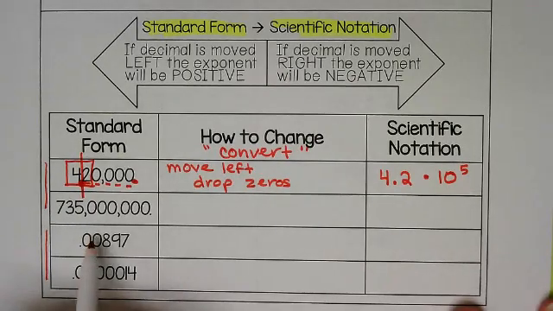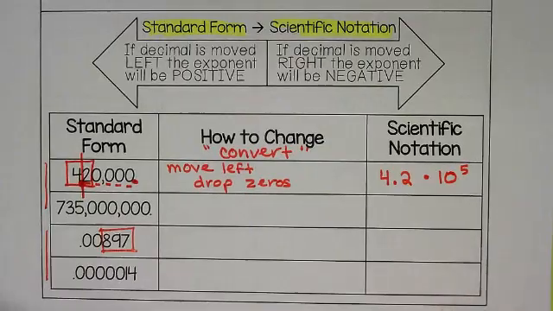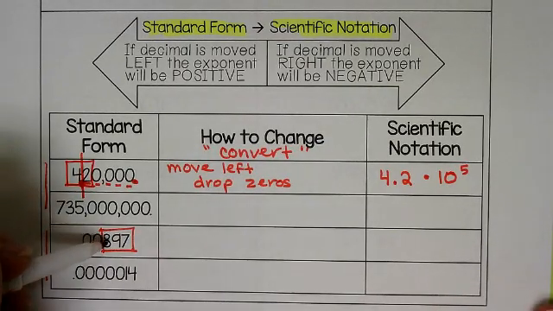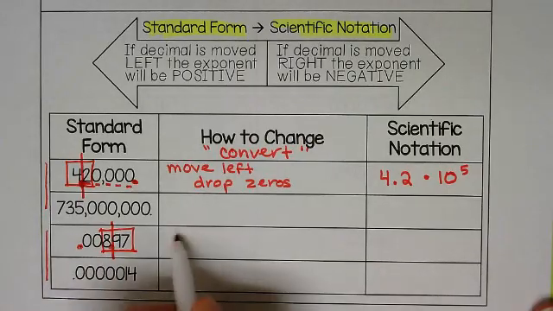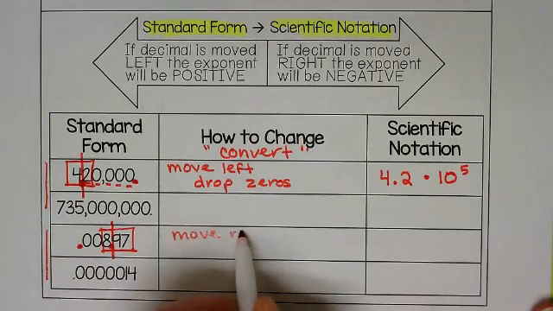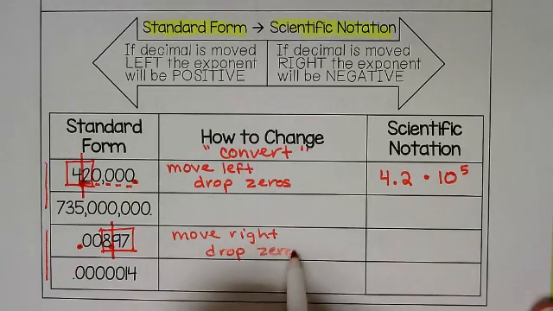So this one down here, again, I'm going to box my non-zero digits, only this time they're on the opposite side, right? And then I'm going to put a line after my first number. And that's going to tell me to move my decimal from here to after the 8. So in this case, I'm going to move right, and I'm going to drop the zeros.